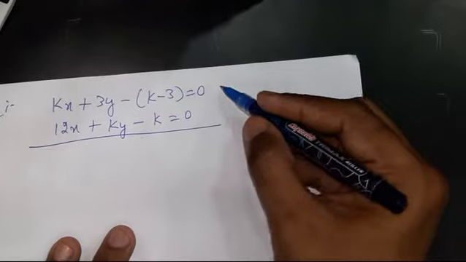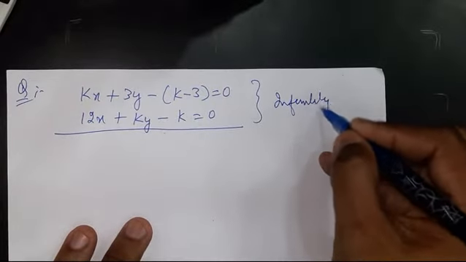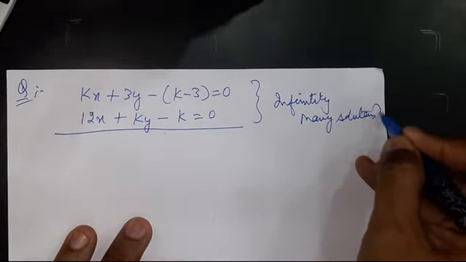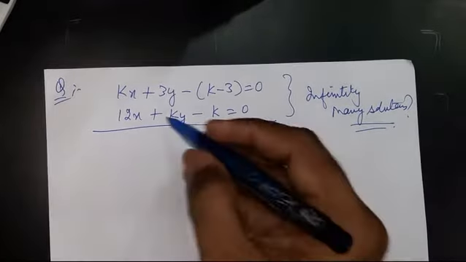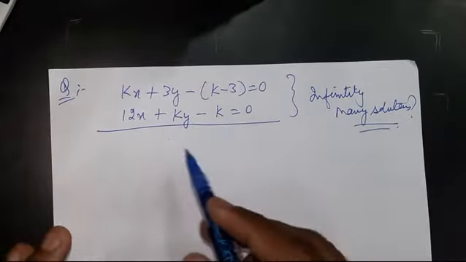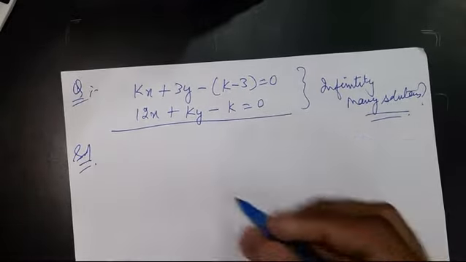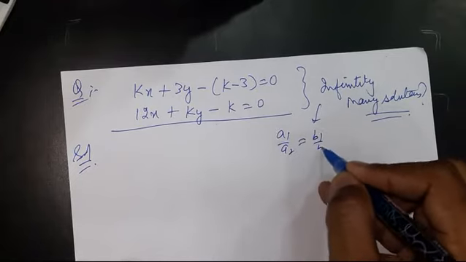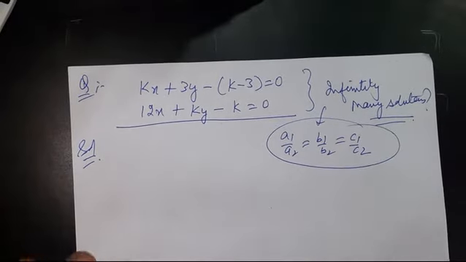In this equation, it is given to you that you are to solve for infinitely many solutions. You are to find out the value of k here for infinitely many solutions. How can you do it? Similarly, for infinitely many solutions, a1 upon a2 should be equal to b1 upon b2, should be equal to c1 upon c2, as we were discussing for the standard linear equations.